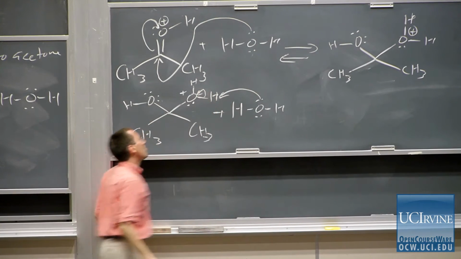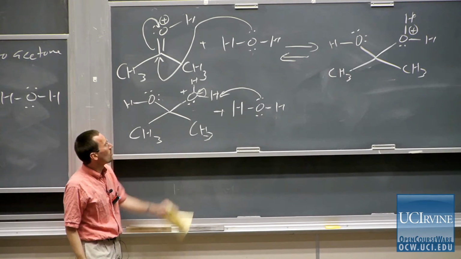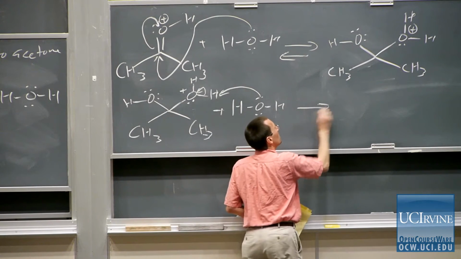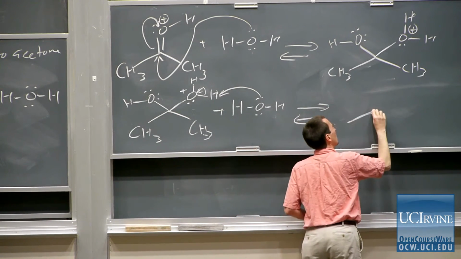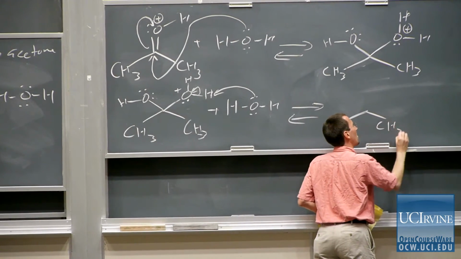And again, it doesn't matter which proton I write or which lone pair I use over here. And so our final step of the equilibrium is that we have our geminal diol.